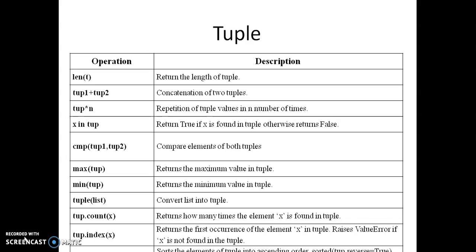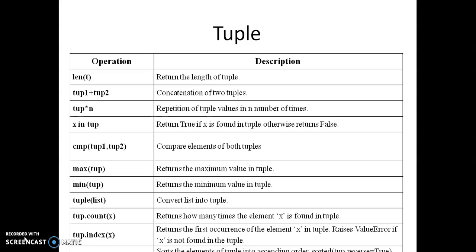So if you want to consider that list as a tuple, that is, you don't want to do modifications in the list, then you can specify the list variable and convert it into a tuple. Tup.count of x finds the number of occurrences of the x value in the tuple. Tup.index of x finds the index of the value x.